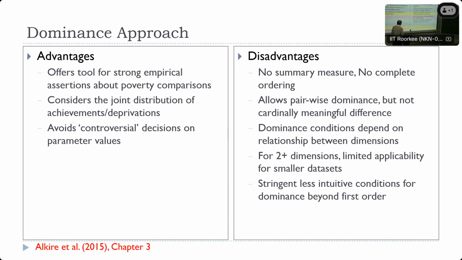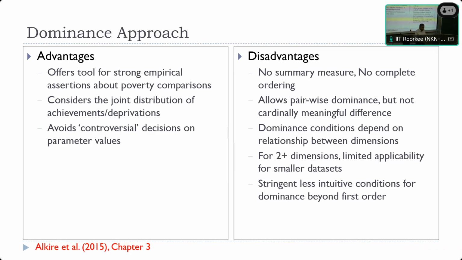2+ dimensions: very limited applicability for smaller data sets. You need an exponentially larger number of data sets to get these confidence intervals and everything. You need a lot of statistical power to conduct dominance, even for 2 dimensions. More than 2 dimensions, horrible. And it requires some assumptions about the relationship between dimensions, substitute versus complement, in order to be able to draw it.